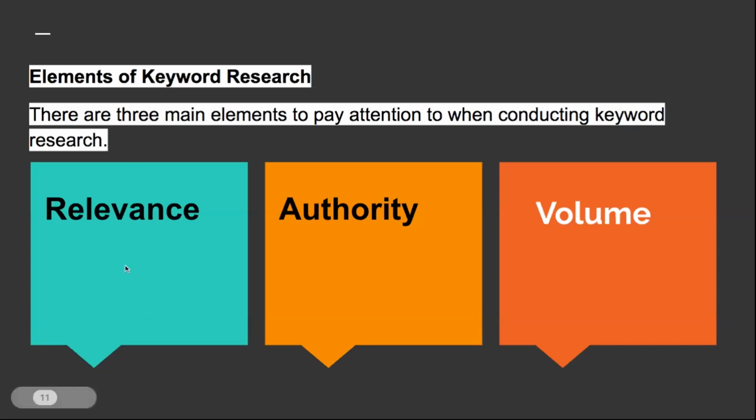So the elements of keywords contain the relevance, the authority, and the volume. These are the 3 major elements we need to pay attention to. There are more elements, but these are the 3 major ones. The more we use keywords, the more we'll broaden our scope as well. But for now, we'll just put our attention on these 3 elements.